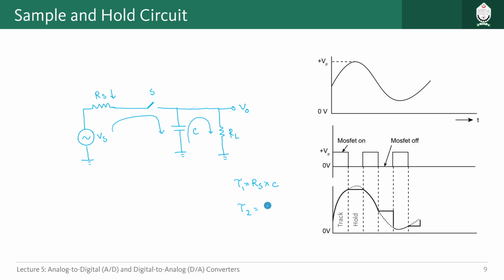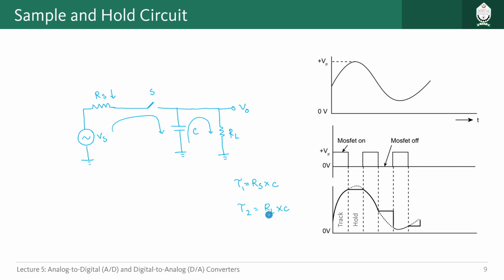So tau 2 is equal to RL multiplied with C. Now here ideally we want the value of this to be as high as possible, because if the value of tau is high, that means this capacitor will take more time to discharge and it can hold the voltage it has, right? So basically if you have higher resistance here, the current flowing through this path will be less, that means less amount of voltage drop here, right, which we want ideally.